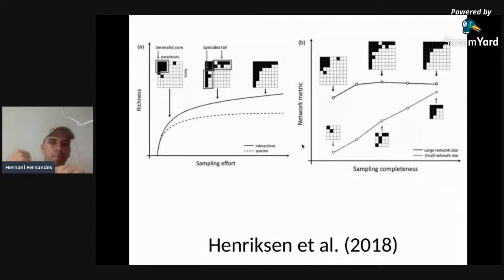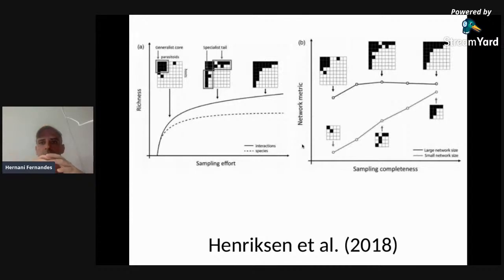But when you go to bigger networks, which is more our case now with the addition of DNA barcoding, where we're able not only to describe more species, but also to detect these interactions in the wild, we have much bigger networks. But this comes with a cost.